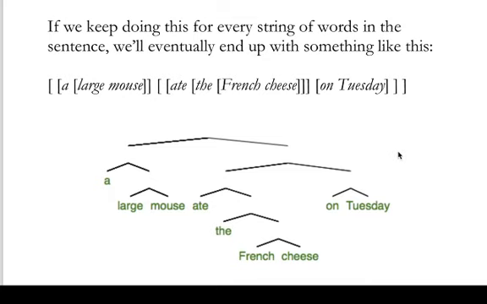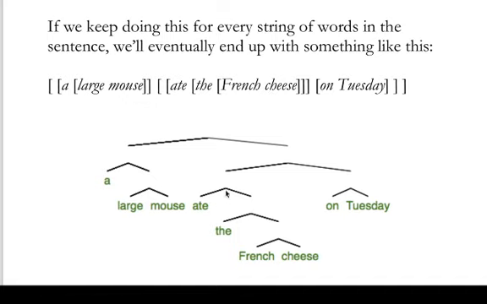So for every group of words that has a matched number of brackets around it, left and right brackets, for instance, ate the French cheese, you can see that there are 3 right brackets on this side and 1, 2, 3 left brackets on this side. Therefore, it's a constituent.